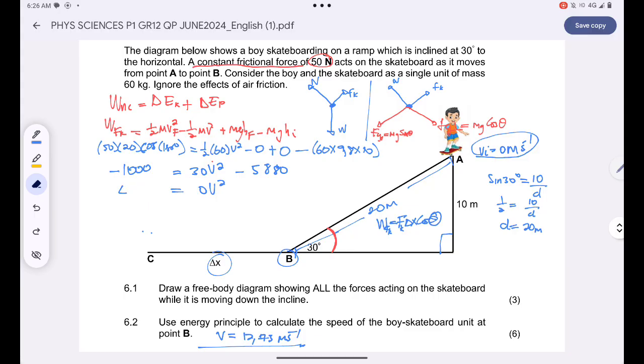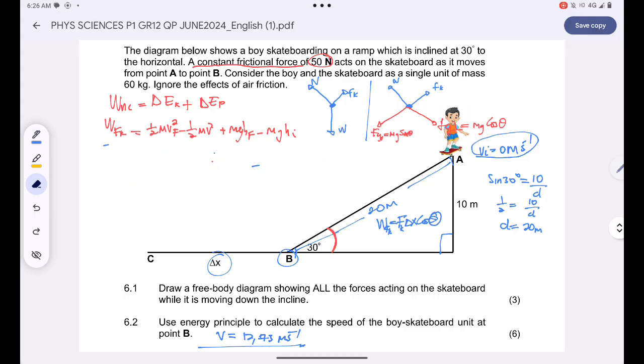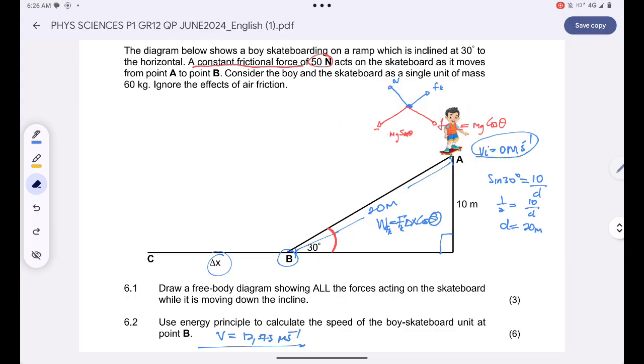Let's create room for us to write over there. Okay, now we are focusing on path BC, right?